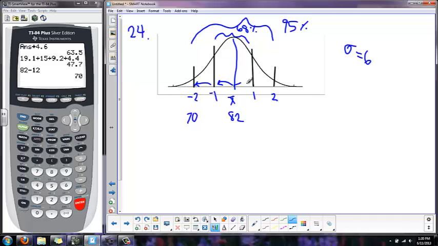And then going in the other direction, 82 plus 6, 88, and then that plus another 6. So 82 plus 12 lands you at a 94. So what interval contains 95% of the scores? That would be choice C, and that's between 70 and 94. Okay?